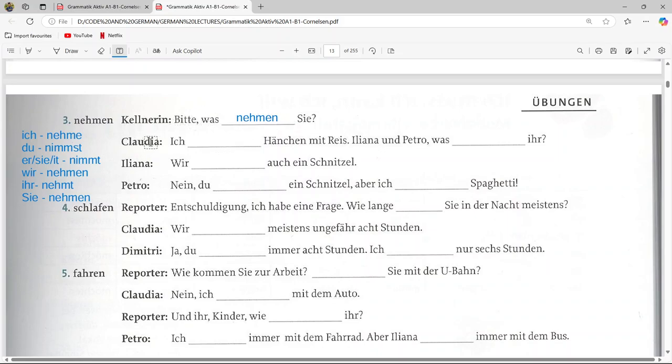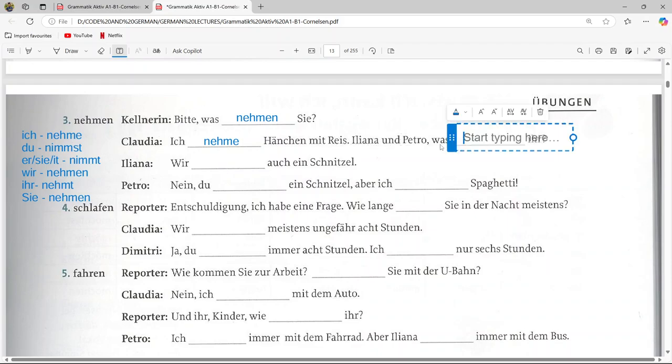And now Claudia is saying, the form is ich. So ich nehme Hähnchen mit Reis. So I take chicken with rice. And she is saying, Ileana und Petro. So she is referring to two persons, Ileana and Petro.